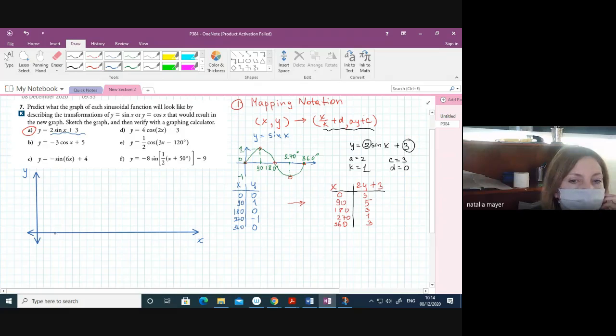So if I'm going to plan the sketch, for example, I want it to be big enough. So I'm going to take three squares as one segment. So one segment, second one, third, and fourth. Now I'm going to put the x values. So it's going to be 0, 90, 180, 270 and 360.